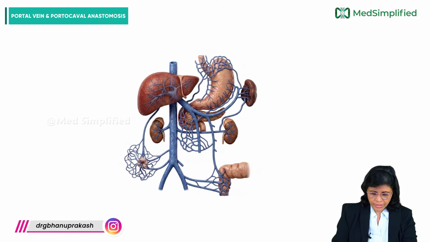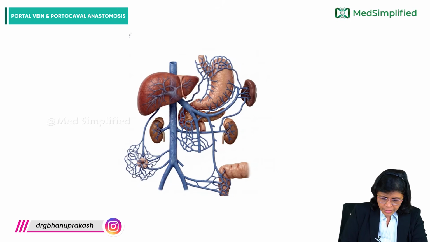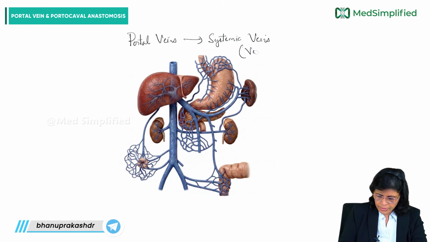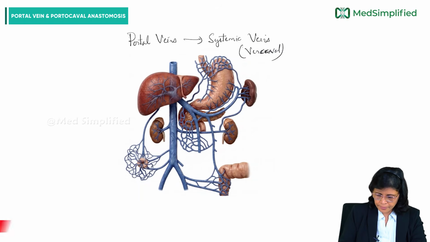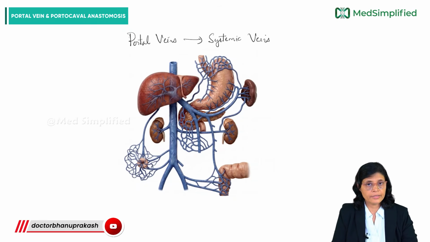So portocaval anastomosis is basically the anastomosis between the portal veins and the systemic veins, that is the veins belonging to the vena cava system.